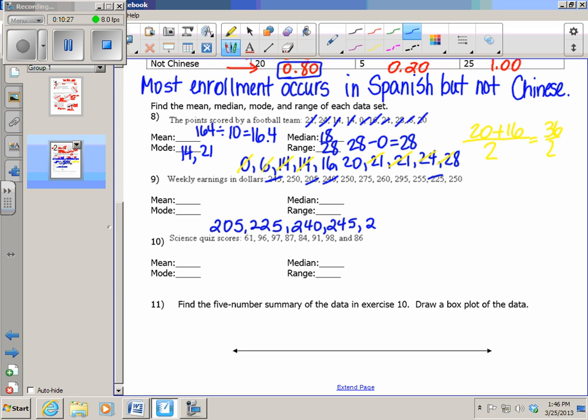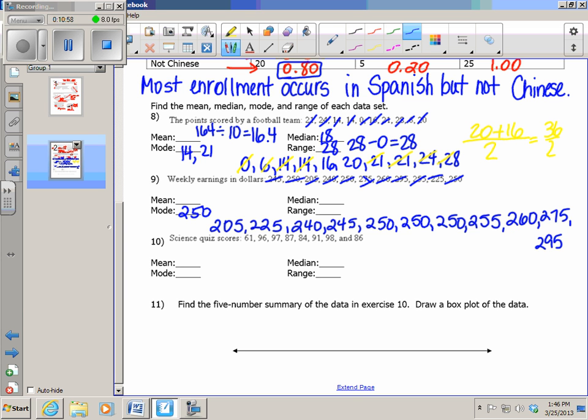I have a 250 three times. I have a 255, 260, 275, and 295. So the mode looks like the most occurring number is 250.